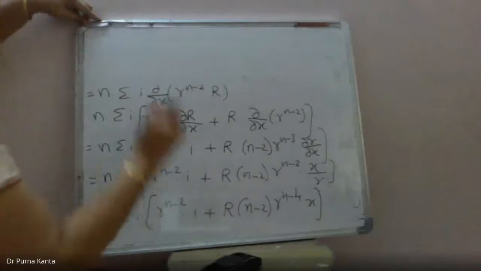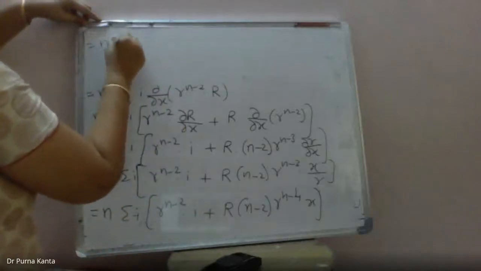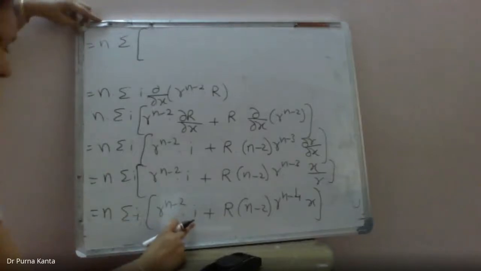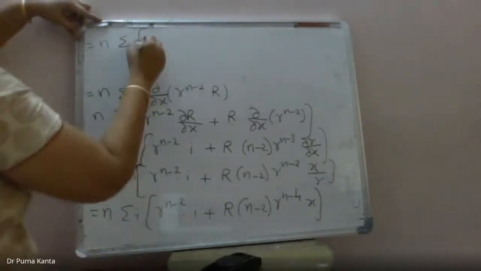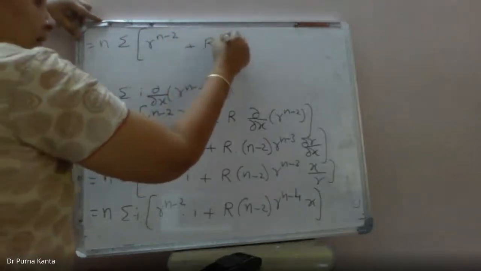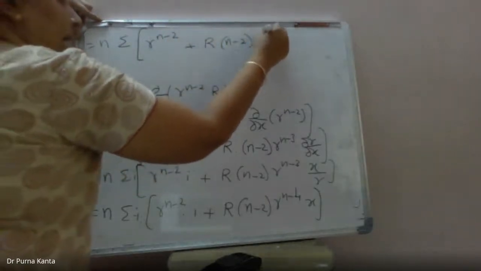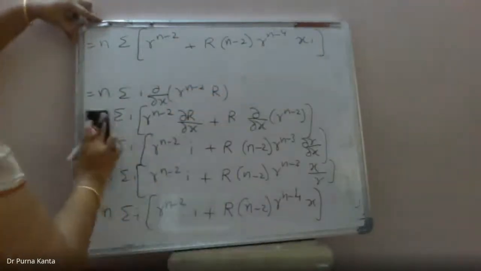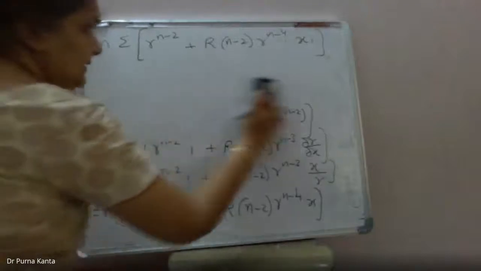Now I bring this i inside, n sigma times. What is i dot i? i dot i is equal to 1. So 1 into r power n minus 2 plus r n minus 2 r power n minus 4 xi. Now we remove the sigma notation.